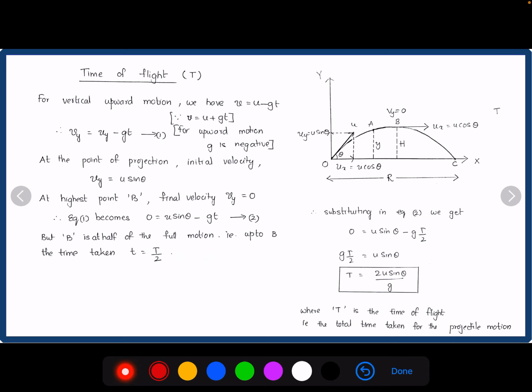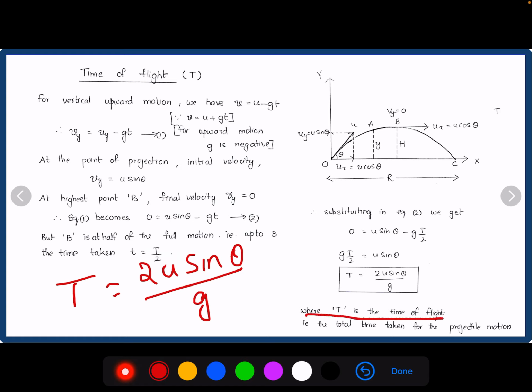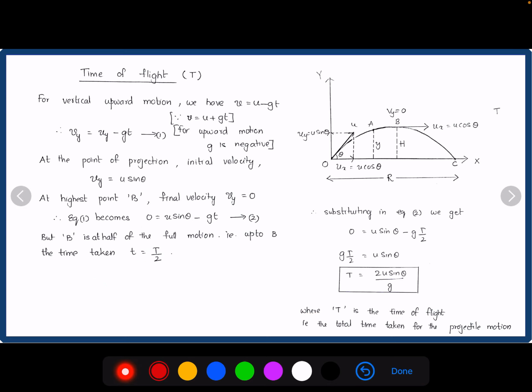This is the derivation for the time of flight. T is equal to 2u sin theta by g. It's very simple, no? Where t is the time of flight, that is the total time taken for the projectile motion. The first kinematic equation we have applied here: v is equal to u minus gt. At the highest position, v is equal to 0, and initial velocity is u sin theta.